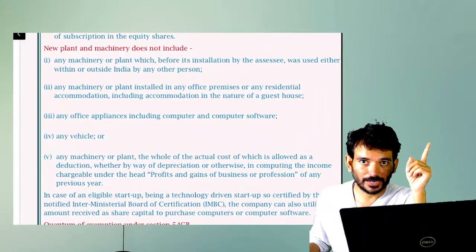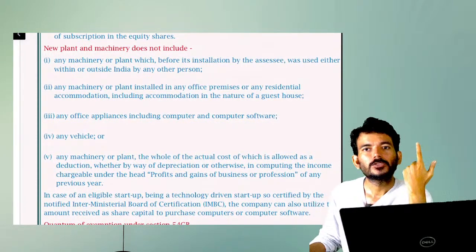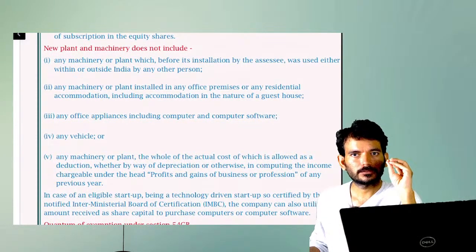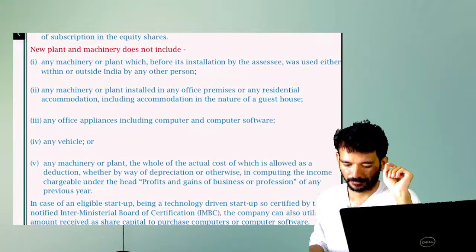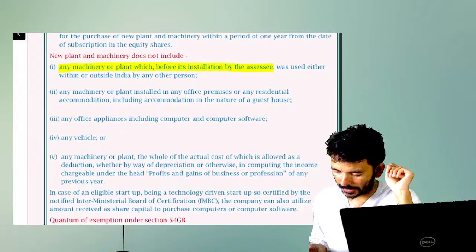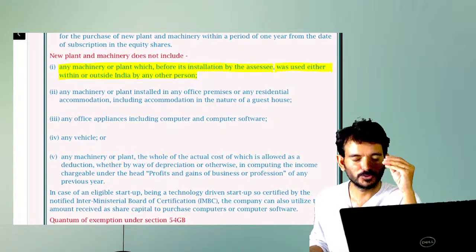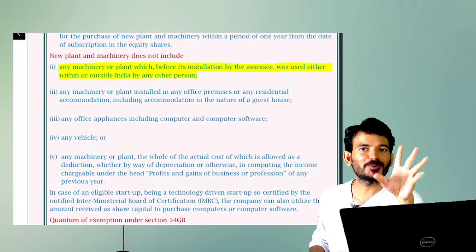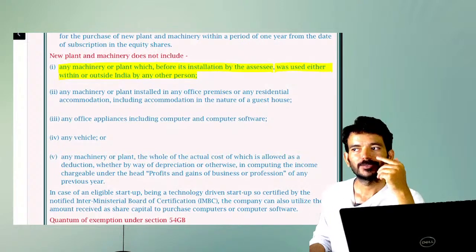Just go back to your additional depreciation section 32(1)(iia), something like that. So you go back to that section. Additional depreciation, same questions, same points will be there. Any machinery or plant which before installation by the assessee was used either within or outside India, you don't want second hand machinery, you buy a new one only. I'm giving you a benefit, 54GB, I'm giving you a good benefit, so you purchase new only.